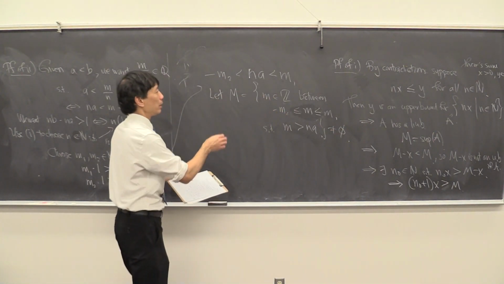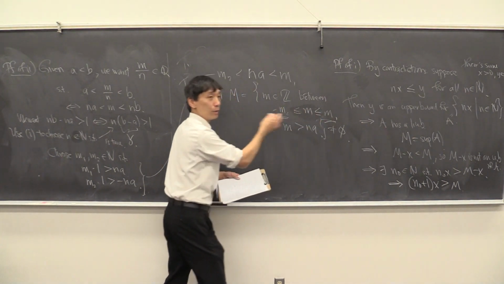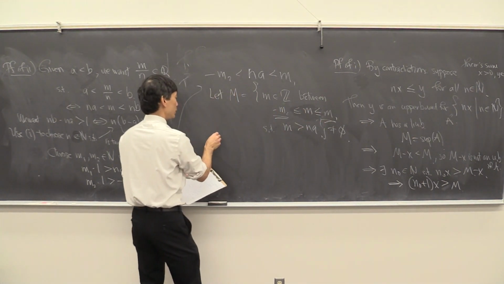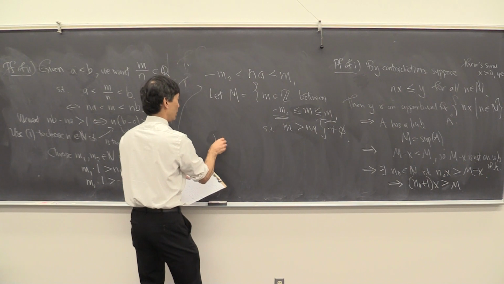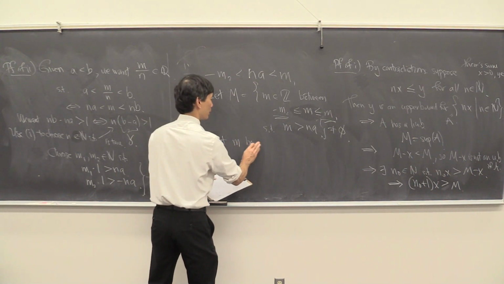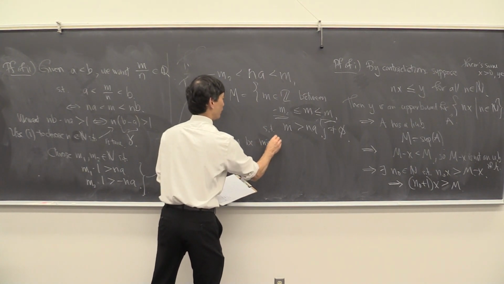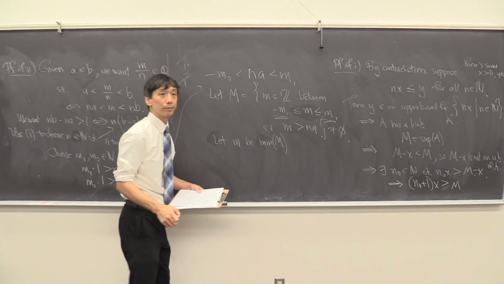This is a finite set, because you're going between two numbers. So choose the smallest: let m be the minimum of that set.